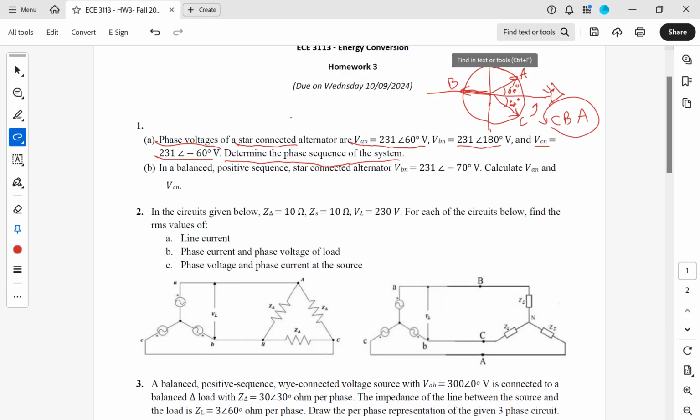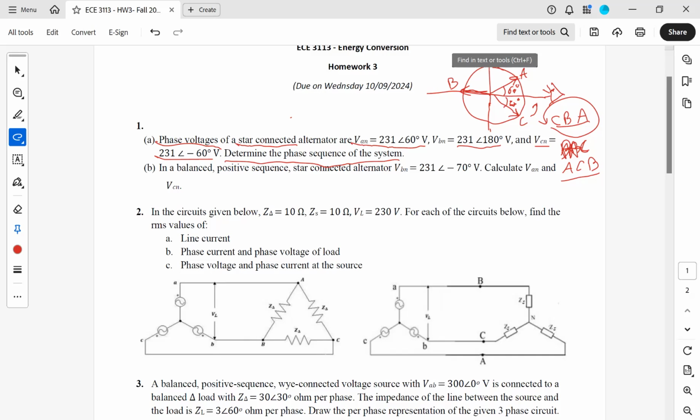You could see that C is following A, sorry, B, A, C. C is following A, and B is following C. So CBA is equivalent to ACB, correct? And we know that ACB is actually the negative sequence. So this is how we estimate the sequence of our system.